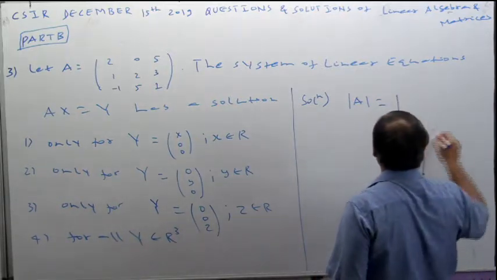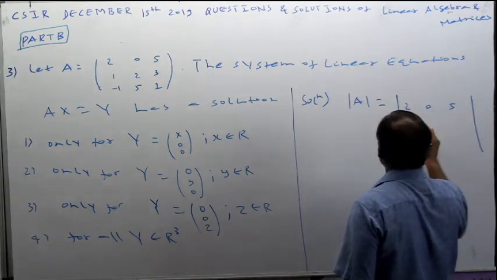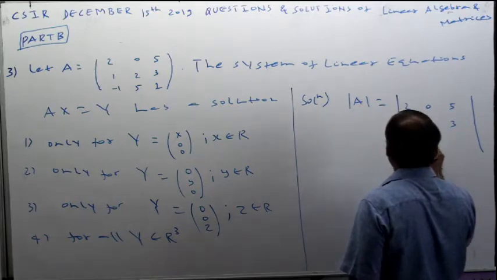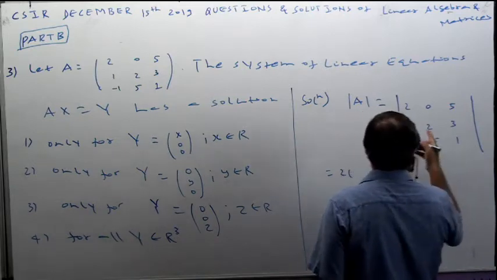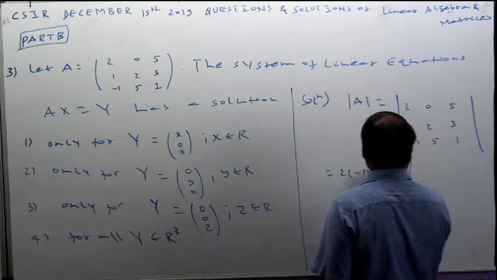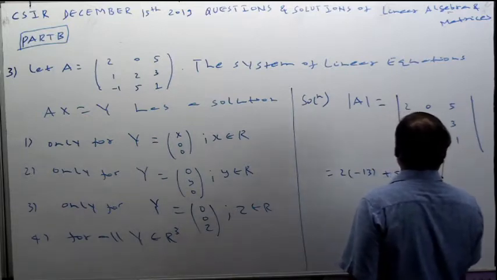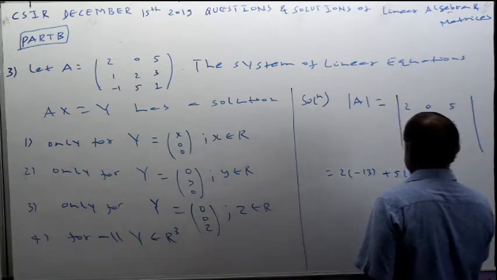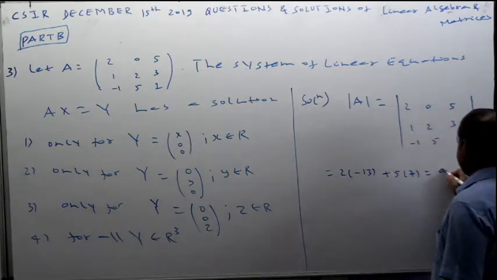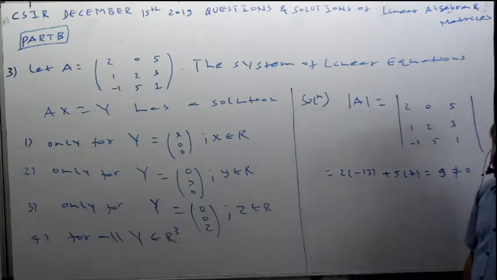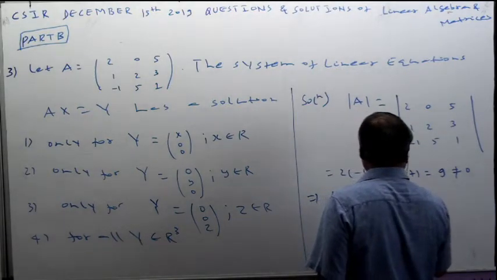Now determinant of A is equal to determinant of [2 0 5; 1 2 3; -1 5 1], and that is 2 into (2 minus 15), minus 13, 0 gone, plus 5 into (5 minus minus 2), that is 7, and that is 35 minus 26, that is 9, which is non-zero, which implies A is non-singular matrix.